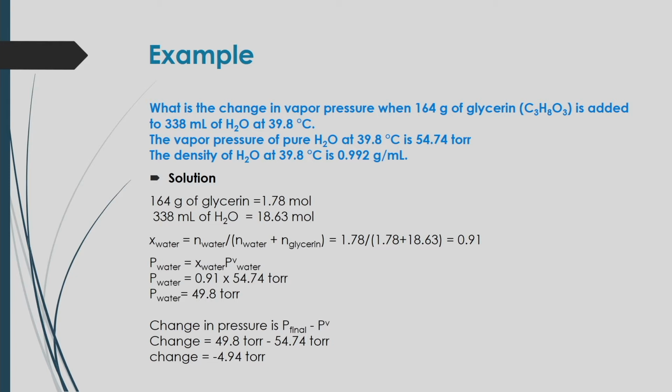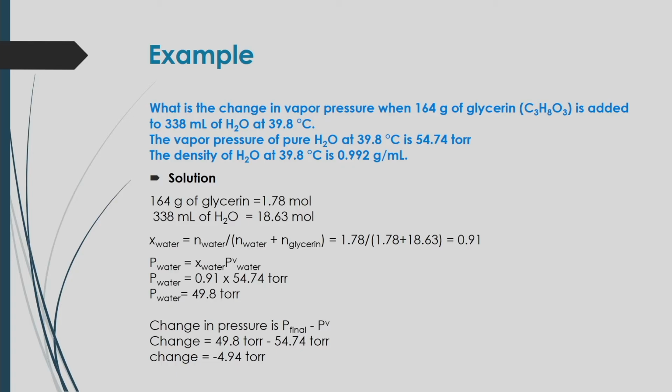So, you have to calculate the change in vapor pressure when this amount of glycerin is added to 338 milliliter of water.